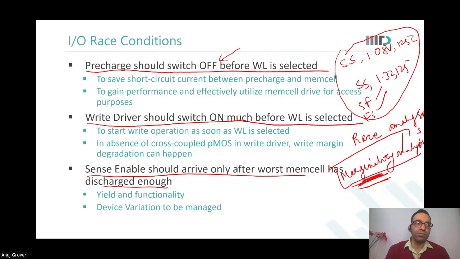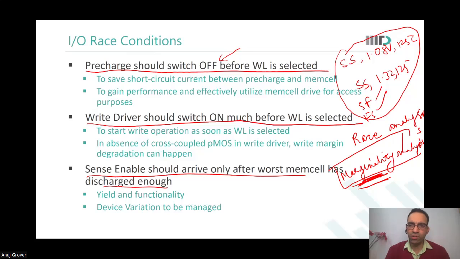When would you call it a functionality issue and not a yield issue? The circuit is correct, but our basic operation went wrong, whereas yield means there is some problem in the circuit itself. So there is an AND gate somewhere which works fine, but when it is in the system, because of some timing failure, it doesn't work fine.